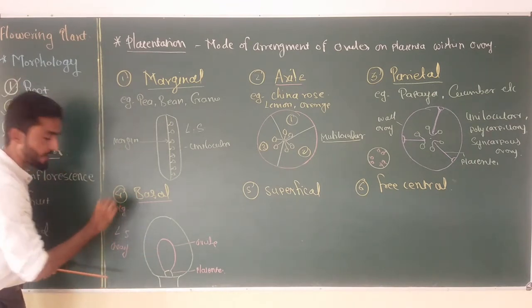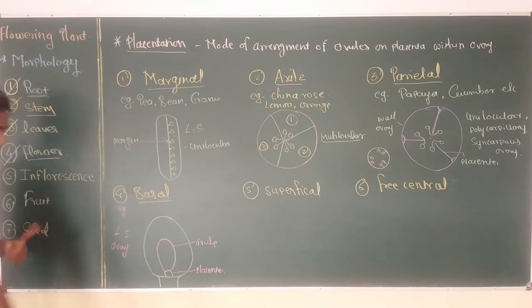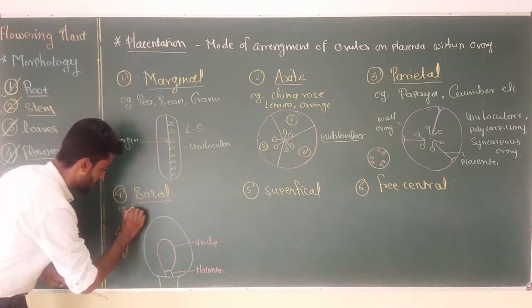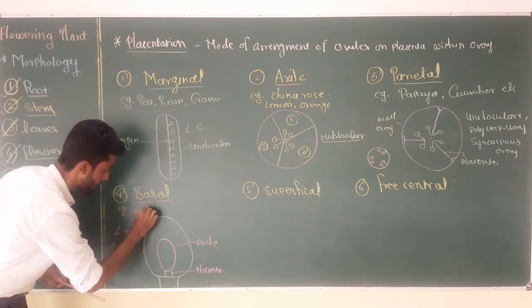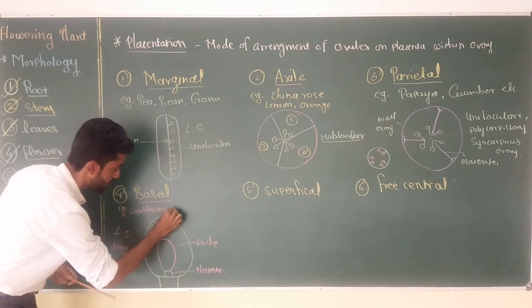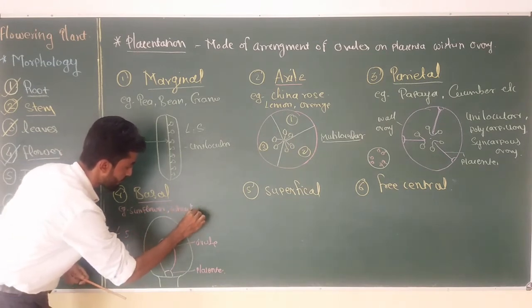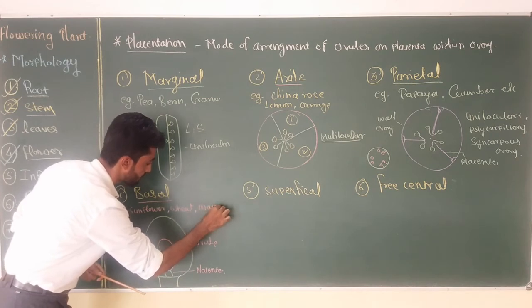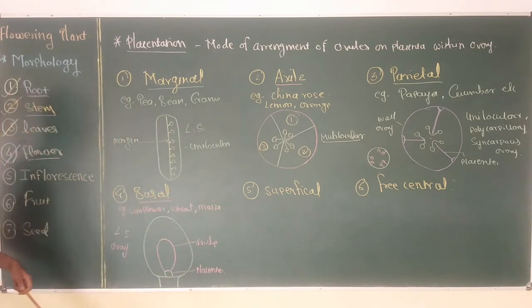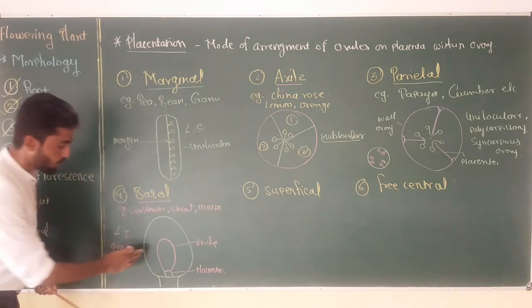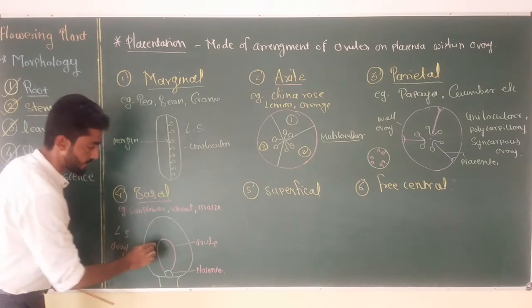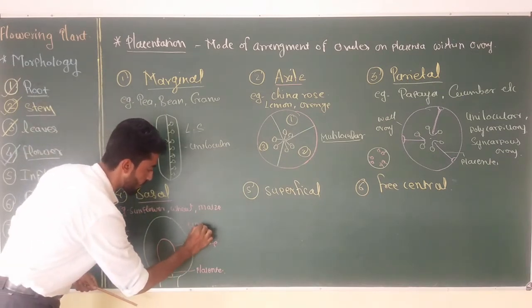Example of the plant in which such type of placentation is found is sunflower, wheat, maize, etc. Now here you can see ovary has a single chamber, that means in this case ovary is unilocular.